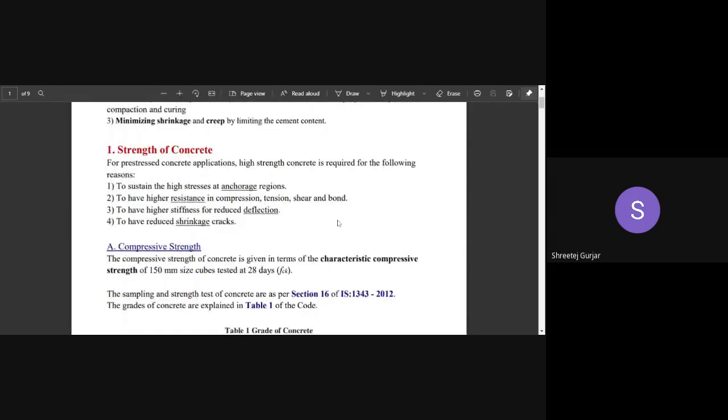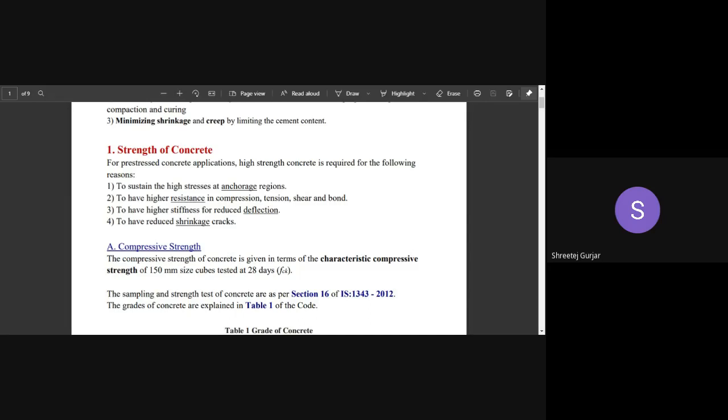Because to sustain the high stresses at anchorage regions. At anchorage regions, there is a lot of stress concentration, especially in post tensioning, because your steel tendon is held solely by end anchorages. So there is a lot of stress concentration occurring at your end anchorage regions.